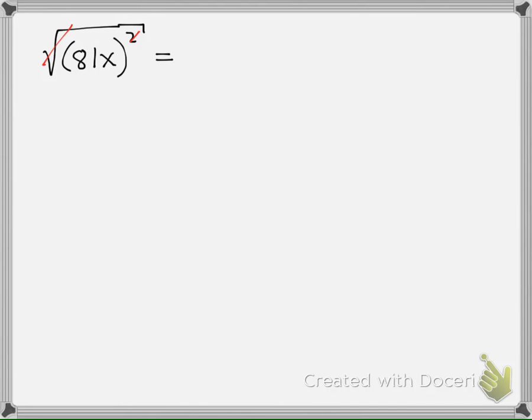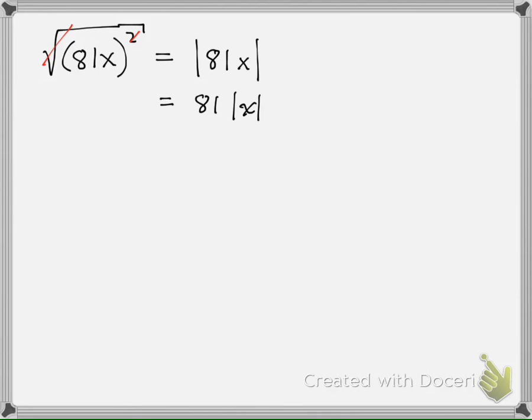We're left with the absolute value of 81x. I use the absolute value because I don't know whether the x is going to be a positive number or a negative number. Likewise, this can end up being 81, the absolute value of x. You can keep it either way. I don't think most people care which way you have it.